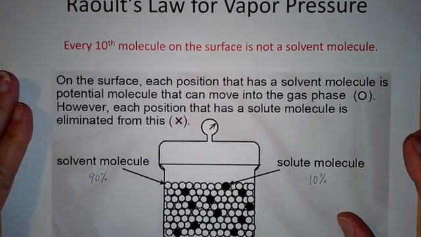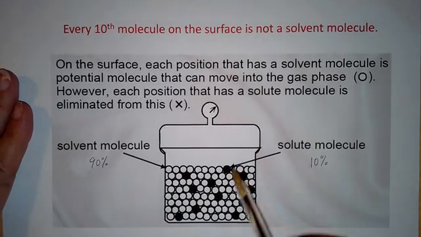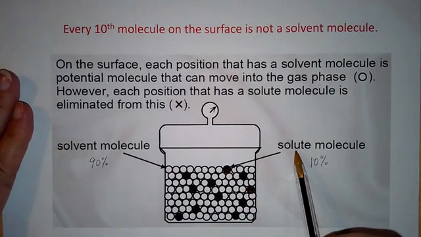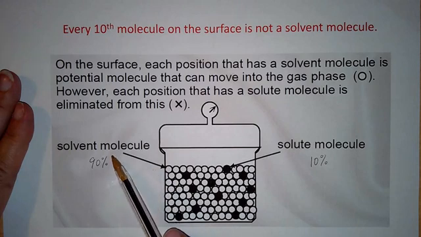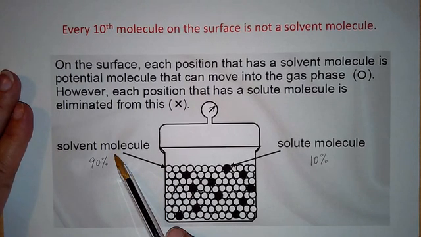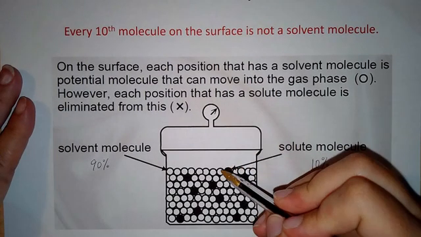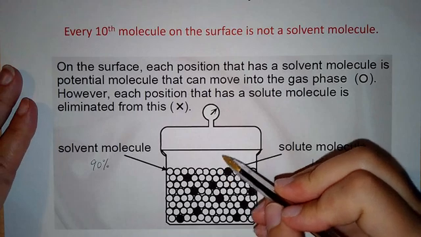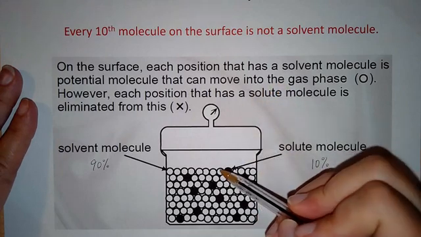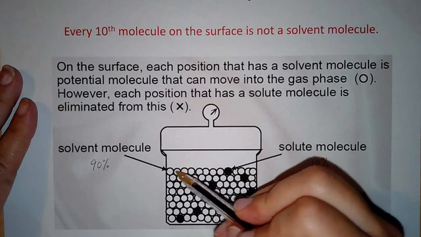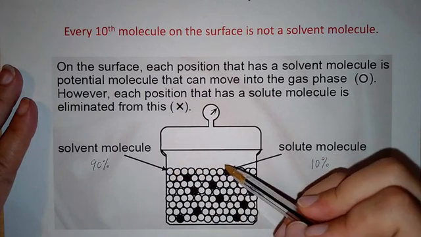If we look at this picture, the dark circles represent the solute molecules, the white circles represent the solvent molecules. Remember when we talked about vapor pressure before, we talked about molecules that could vaporize being on the surface. Only these surface molecules can vaporize and turn into gas molecules.